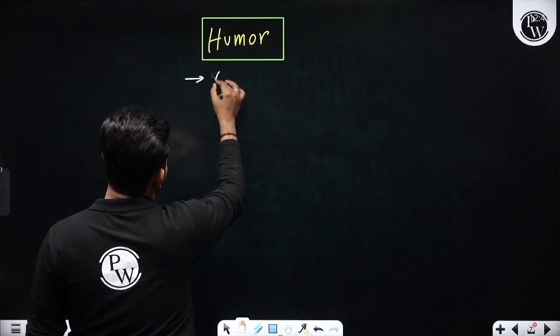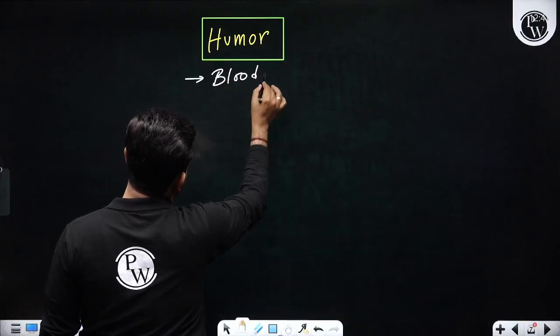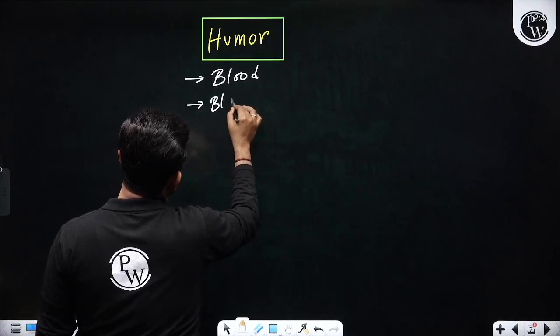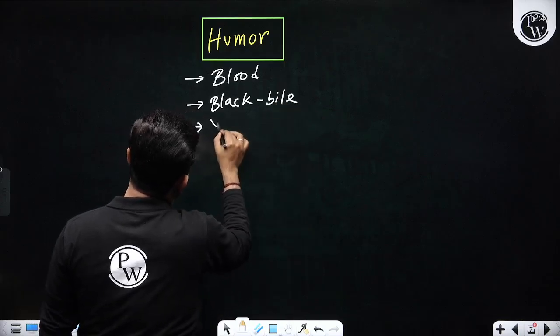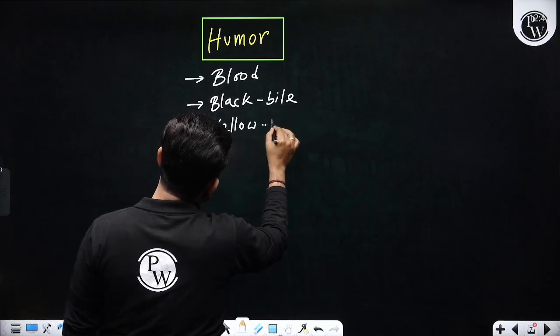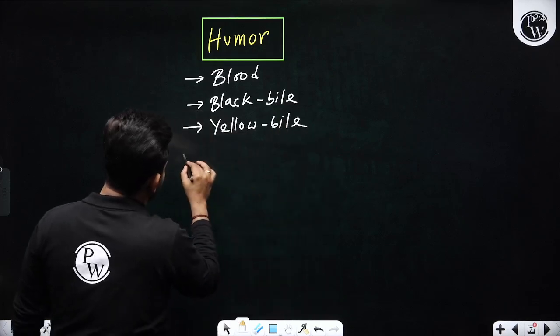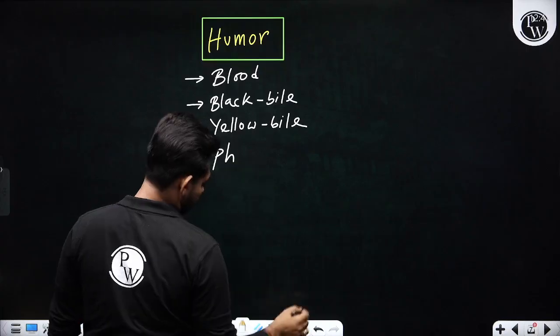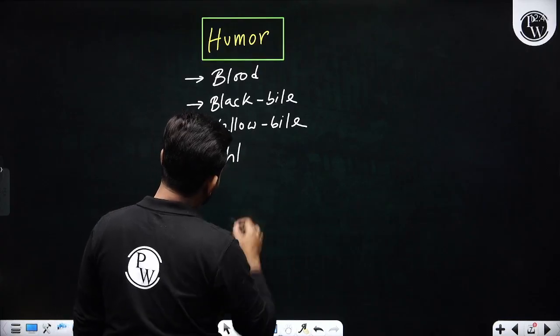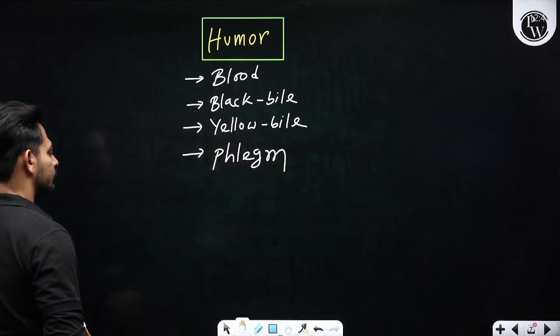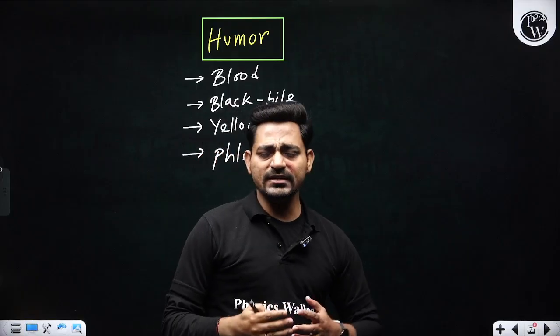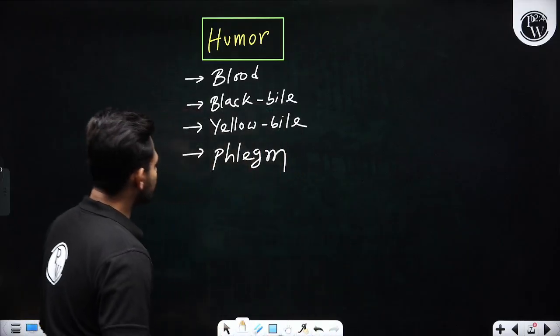What are those? One is blood, one is black bile, one is yellow bile, and one is phlegm. Blood is our main body fluid.